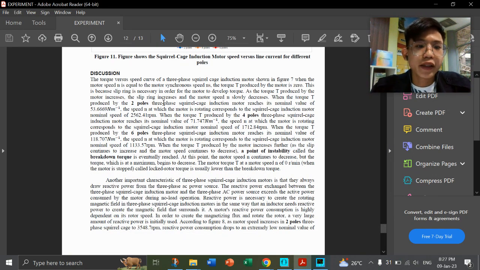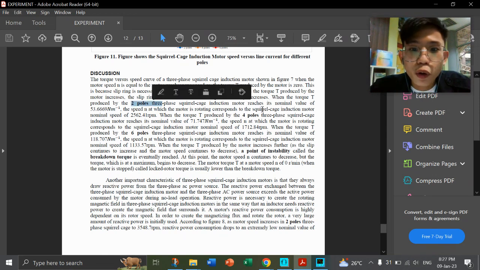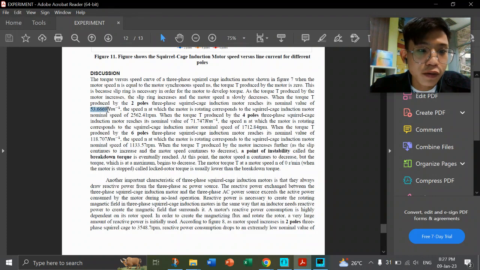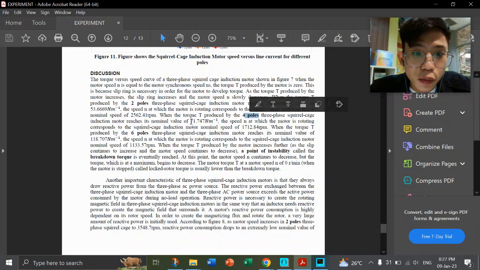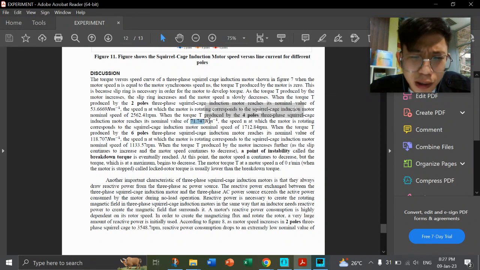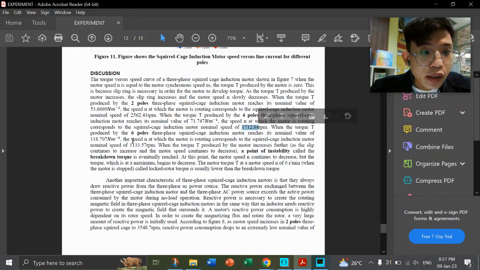For the torque versus speed, when it is produced by the 2 pole and reaches a nominal of 54 newton meters, you can see it reaches a nominal speed of 2562. For the 4 pole, when it reaches a nominal value of 71.747 newton meters, it reached a nominal speed of 1700.